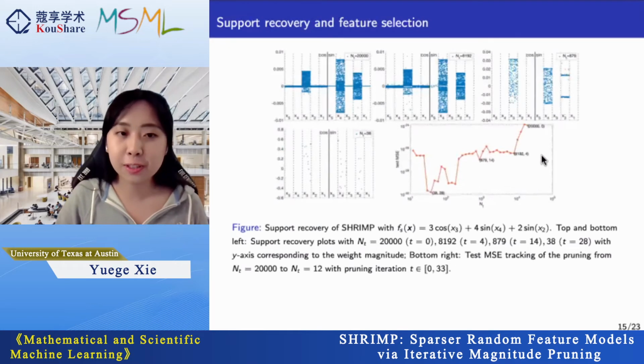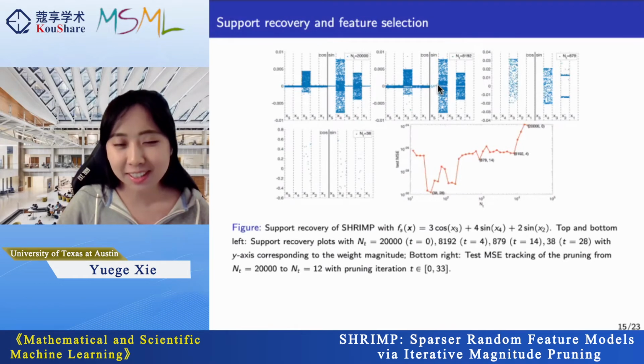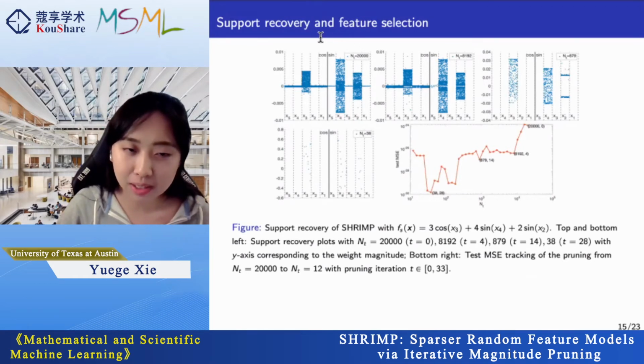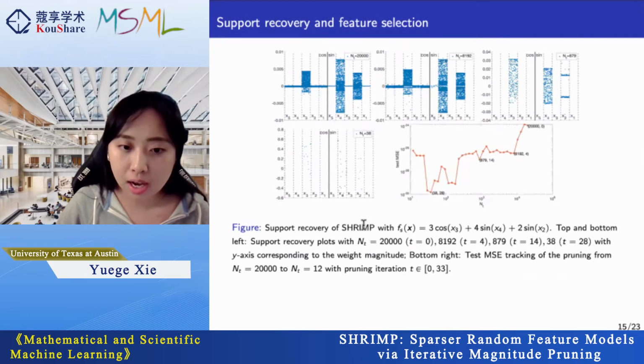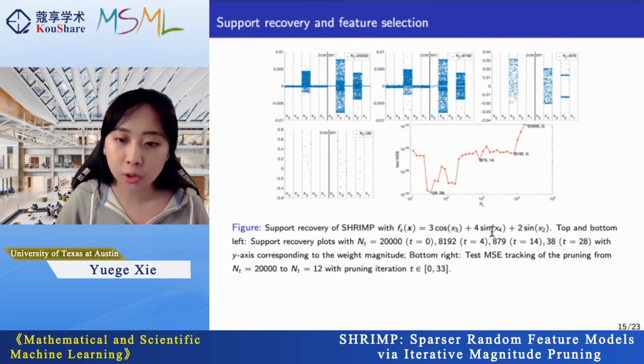And I would also like to introduce a very surprising or interesting finding of the support recovery and feature selection obtained by SHRIMP. In this case, we perform SHRIMP on a very simple additive function, the sum of cosine and sine functions on only order 1 coordinates.